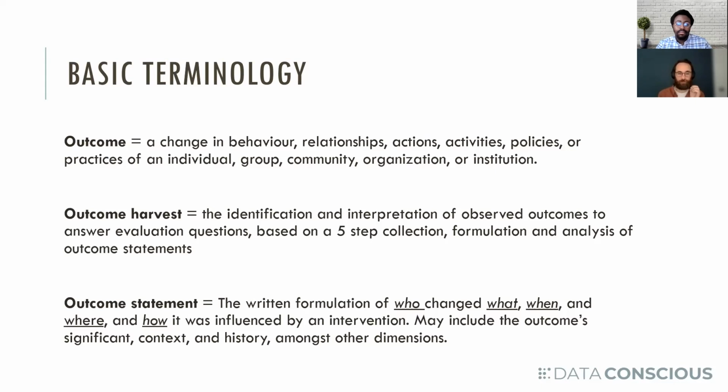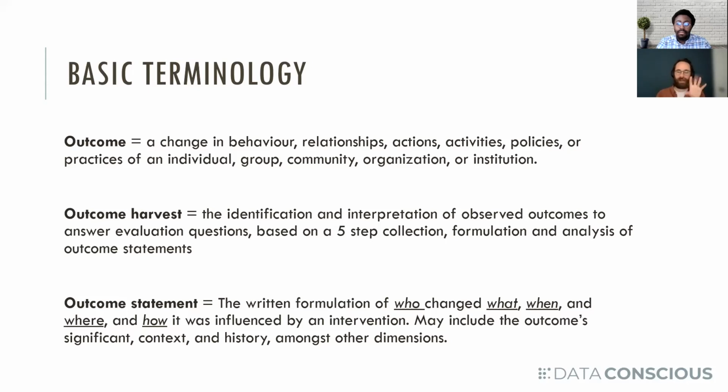When you're doing an outcome harvest, you collect these short, crisp 1 or 2 sentence statements of who has changed, what they've changed, when and where they changed it, and how it was influenced by the program. We're going to come on to this as we go through the session, but these are really the core essence of outcome harvesting: developing really good outcome statements, verifying and consolidating them, and then using them for analysis.